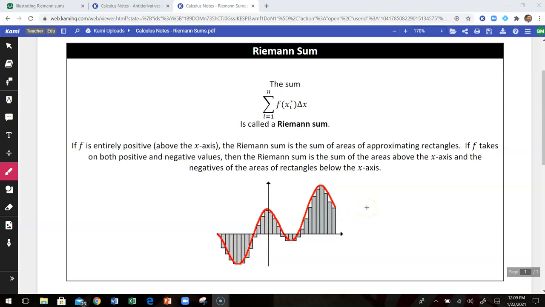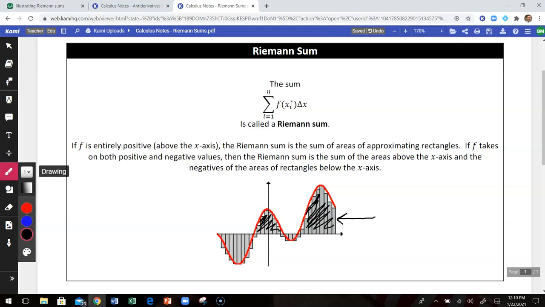A quick side note: the rectangles that are above the x-axis but under the curve, we consider to be positive areas. So all of the areas of these rectangles and these rectangles we would consider positive area.